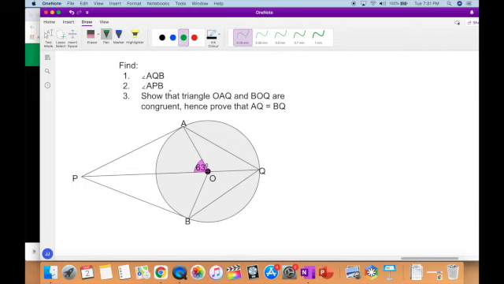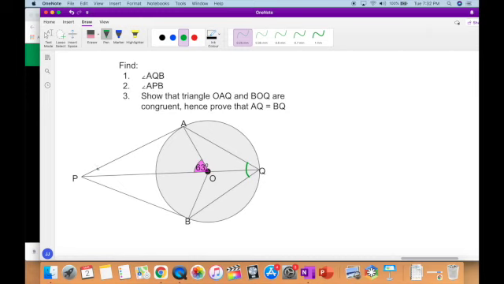So what do we have here? We want to find the angle AQB. AQB, that's this angle over here. We want to find the angle APB.